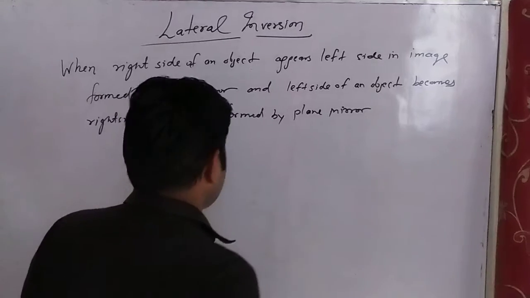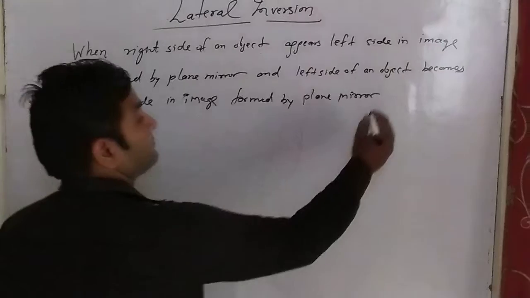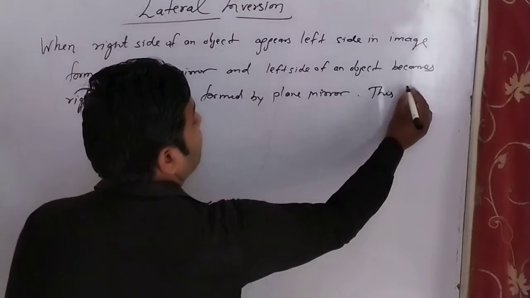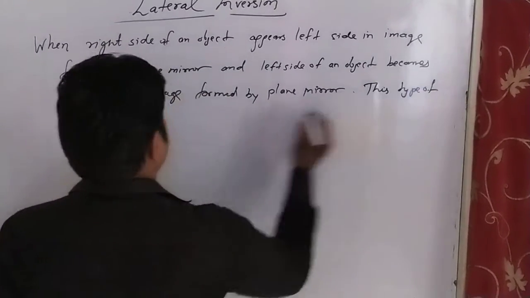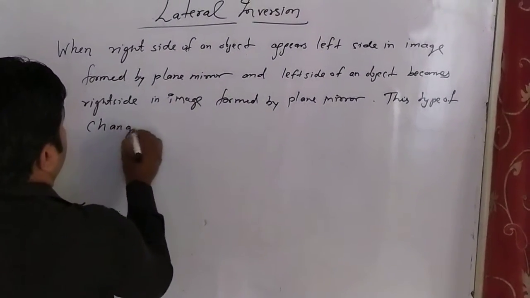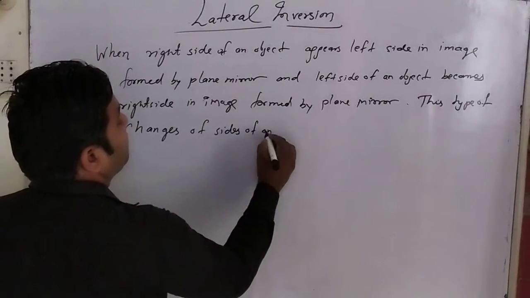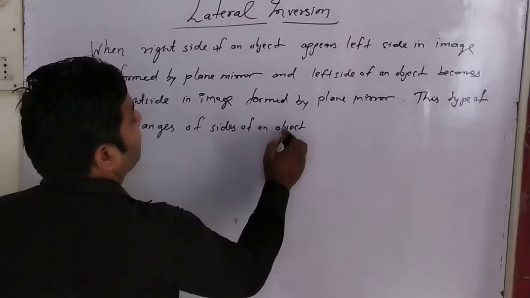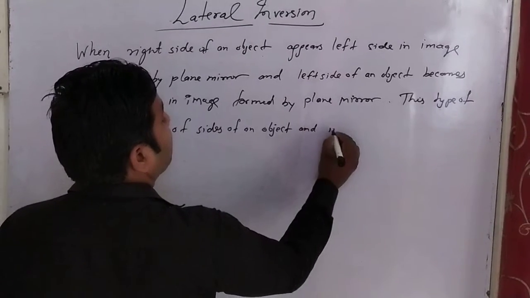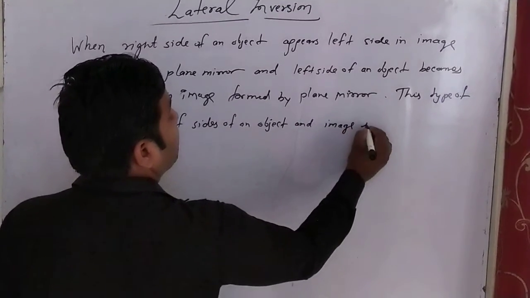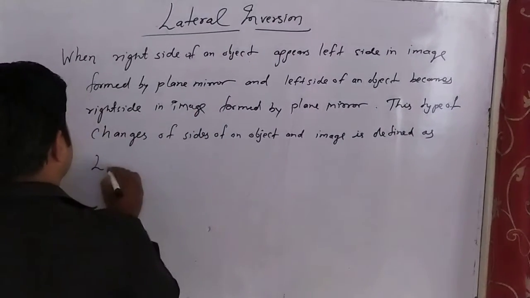Then this type of change of sides of an object and image is defined as lateral inversion.